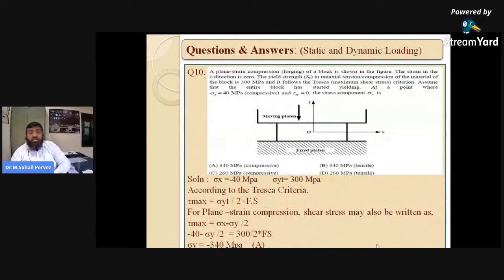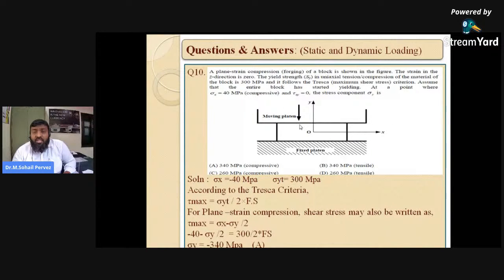And the last question from my side, as far as this session 1 is concerned, is a plane strain compression. A forging block is given in the diagram, wherein a moving platen is there on the top and the fixed platen is at the bottom, and the strain in the z direction is considered as 0. Obviously, it means a biaxial stress system is prevailing in this question.